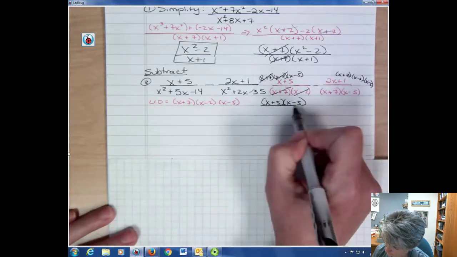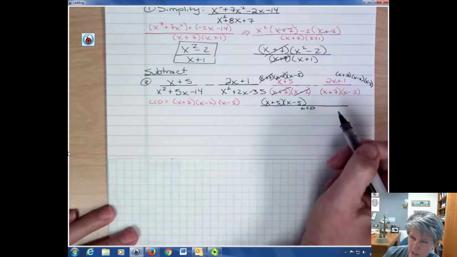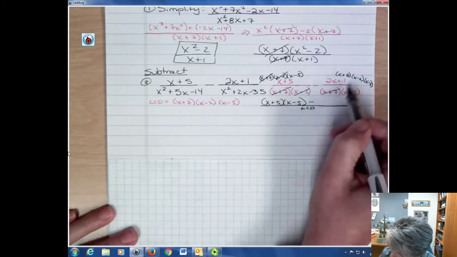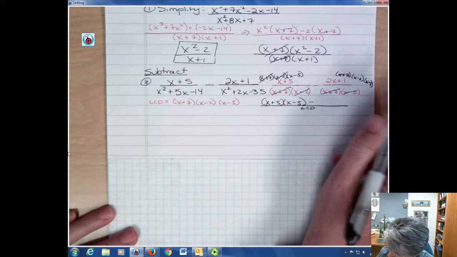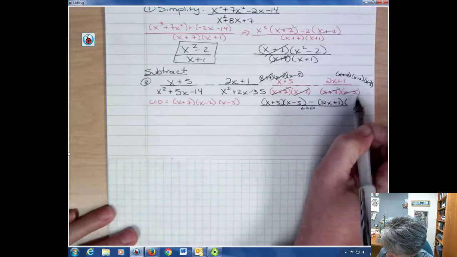This whole thing is going to go over our LCD, which I don't want to write every time, so I'm just going to remind myself that it's down there. Then I have minus, and what happens is x plus 7 and x minus 5 go, so I have 2x plus 1 and x minus 2.